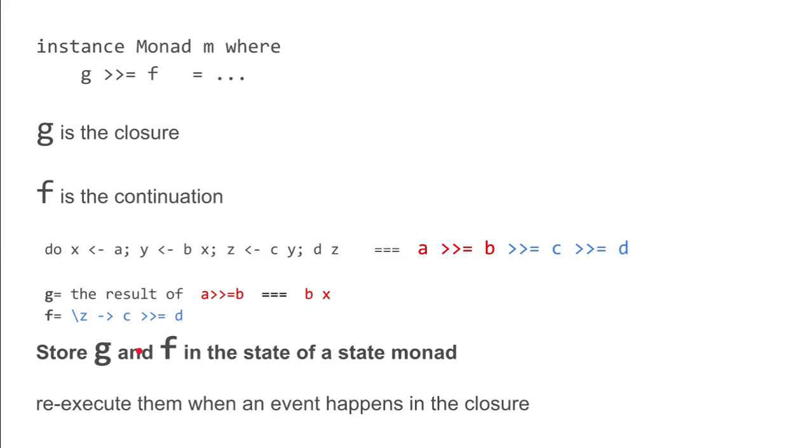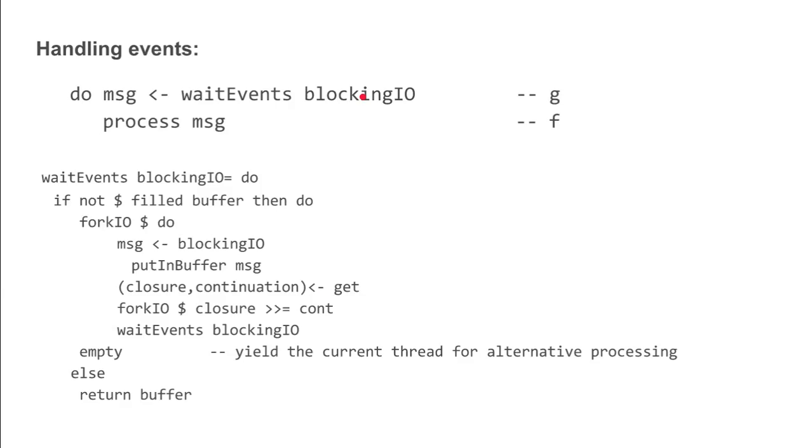So let's look at something more concrete. Imagine this pretends to be a statement which waits for a blocking IO operation to return something, and when this returns something, it generates a thread which returns a message or whatever the blocking IO operation did, and the continuation is executed to process the message.